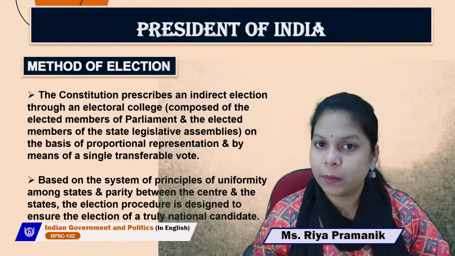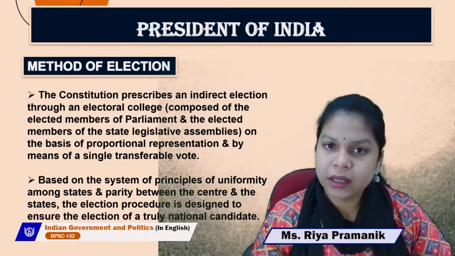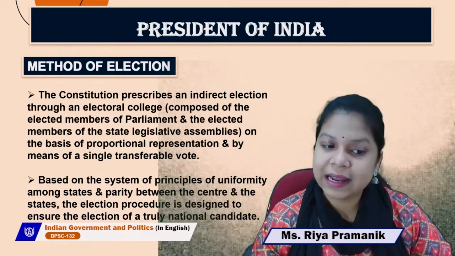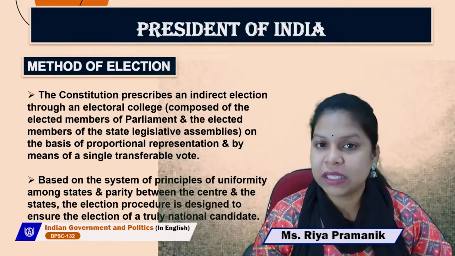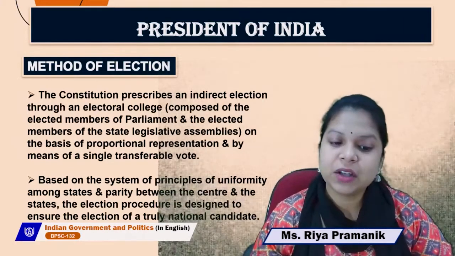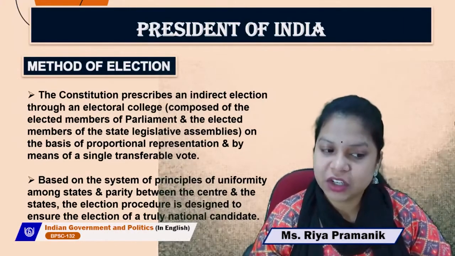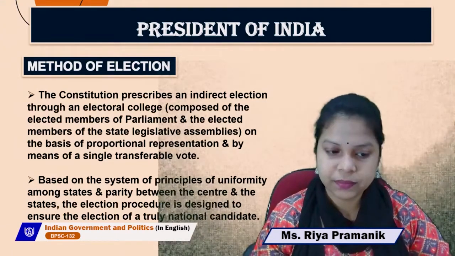So it should be remembered by all the students that the electoral college consists of only the elected members of the parliament and the elected members of the state legislative assemblies, and not the nominated ones, on the basis of proportional representation and by means of a single transferable vote system.